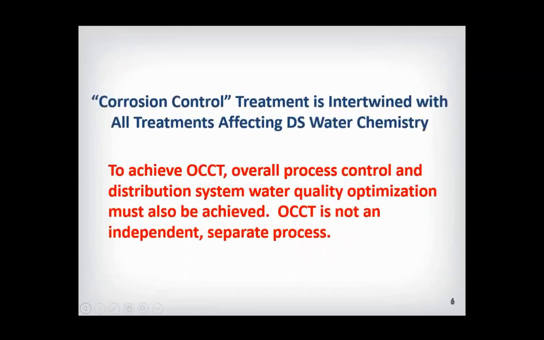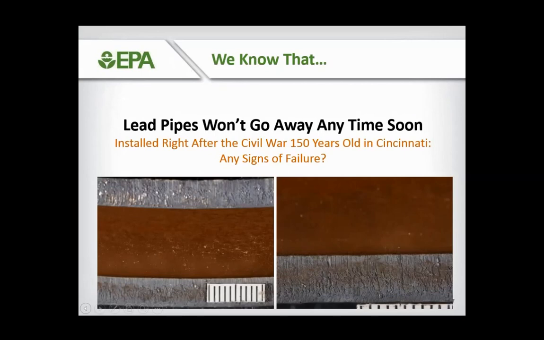Corrosion control treatment, as we usually use the term, is really intertwined with all treatments that affect the distribution system water chemistry, because to achieve the optimal treatment overall, you need process control and distribution system water quality optimizations as well. So it's not an independent, separate process. And as long as lead pipes are there, and there are millions of lead pipes out there, they're not going to go away anytime soon.